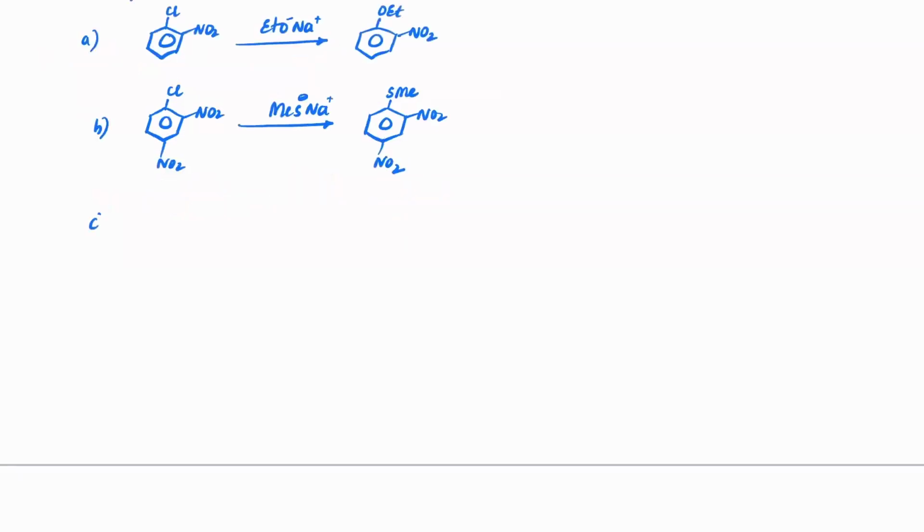Third one, in case you have chlorine here, fluorine here, and NO2 here, and I'm treating this with MeS minus Na plus. Now notice, although fluorine is a better leaving group, the problem here is chlorine can do this better because NO2, which is present here right now, is ortho to chlorine. That's why it is the chlorine which will leave first here.